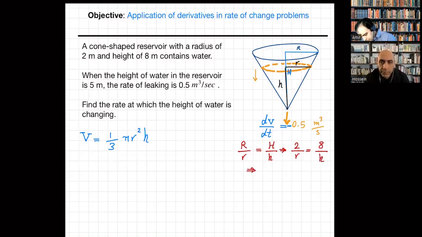Therefore, r is equal to h over 4. So that's the relationship between these two parameters, and we know that both r and h are functions of time.